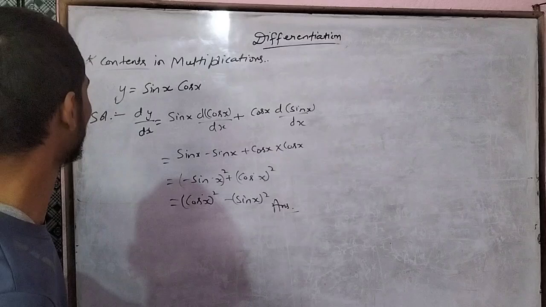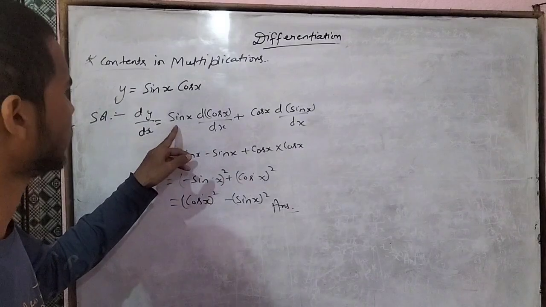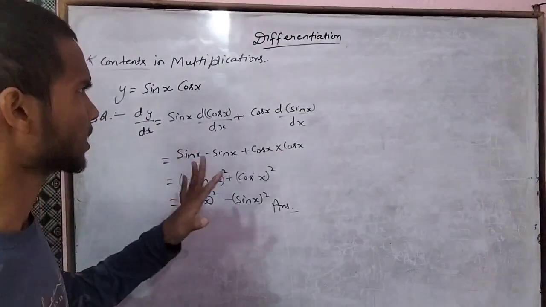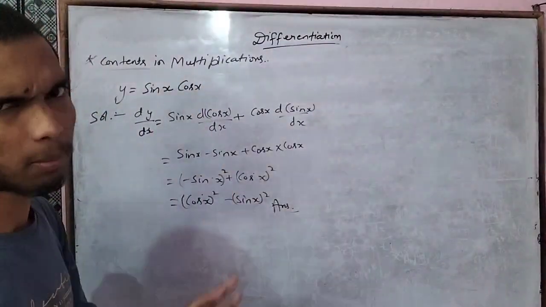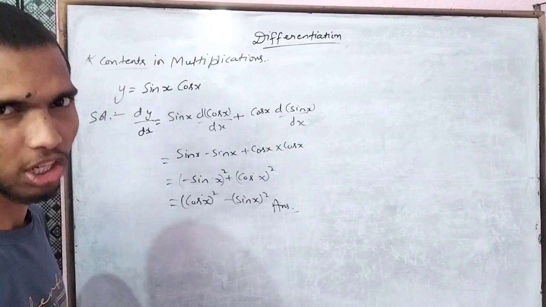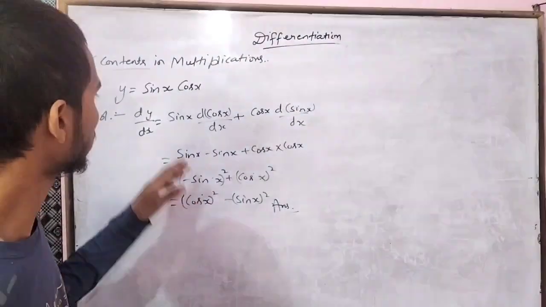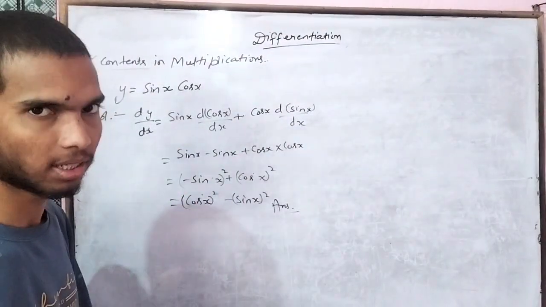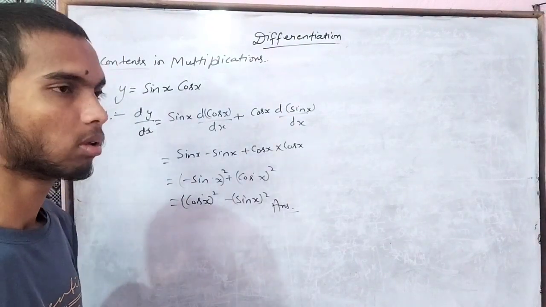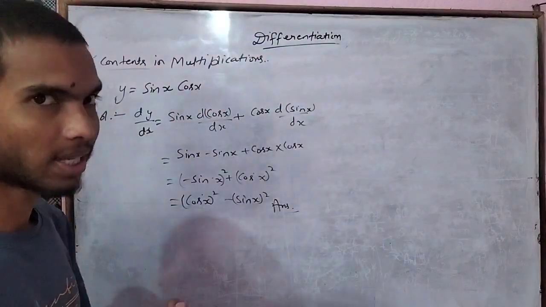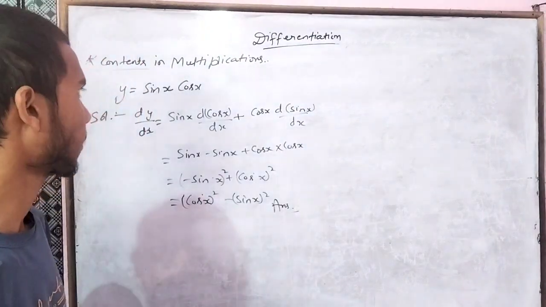I hope you got it, how to solve like that. We wrote sin x as it is because it is the first variable, and in the rule of multiplication, where functions are in multiplication, the first variable will be written as it is. We will not differentiate the first variable, and the second variable will be differentiated.